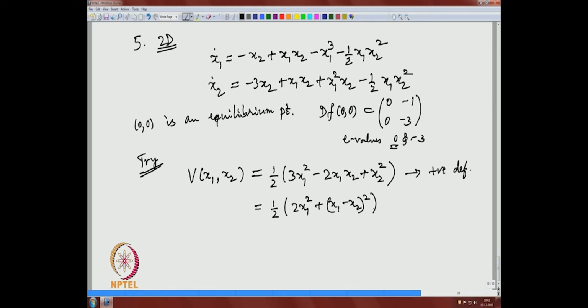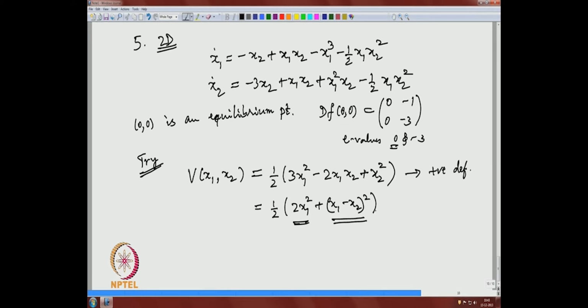Okay. So, both these terms are non-negative. Certainly at x1 equal to x2 equal to 0 it is 0, and suppose this is 0, then 2 x1 square is 0 gives x1 is 0, and then x1 equal to x2. So, again we get that x1 equal to x2 equal to 0.